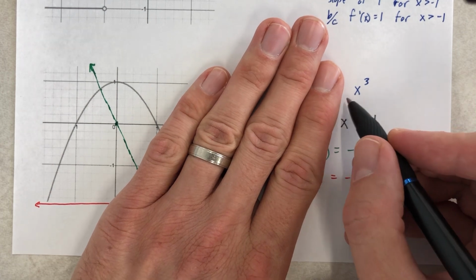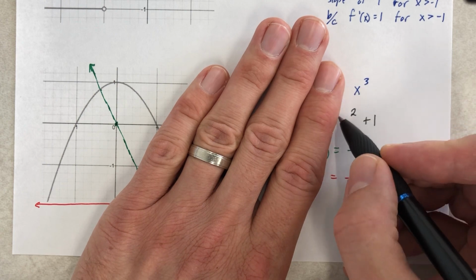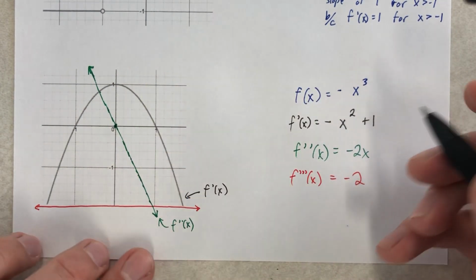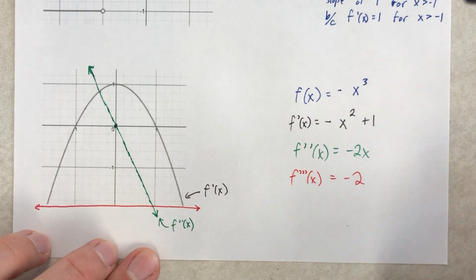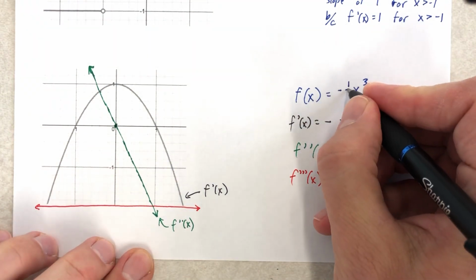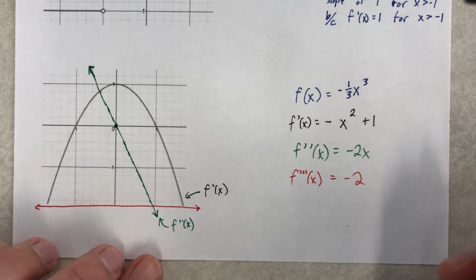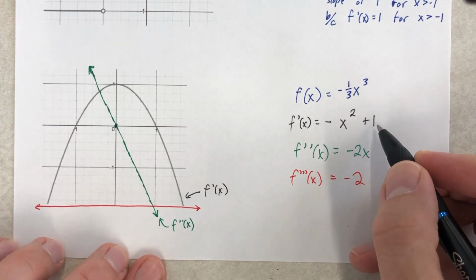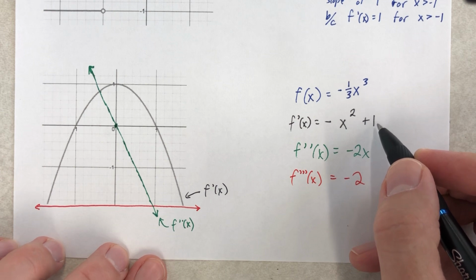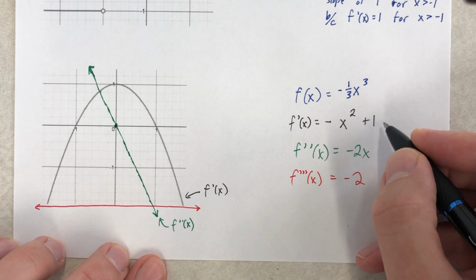The answer to my question is about to get written right here. Oh, I don't want to write it because I want you to make sure you get it too. There it is. Okay. The derivative of what is 1? Notice this is 1x to the 0.